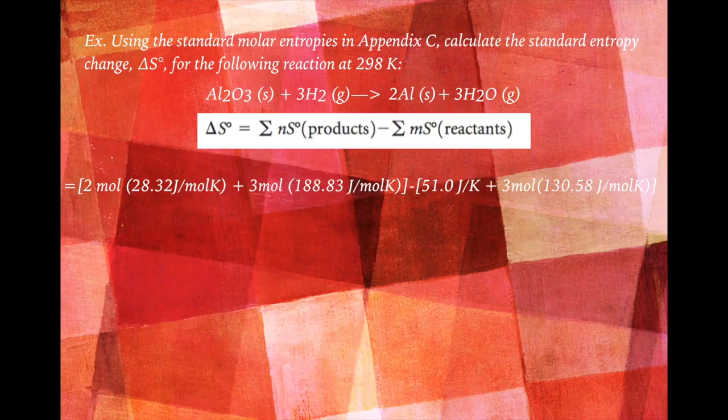And from that, I'm going to subtract the standard molar entropies of my reactants. So for aluminum oxide, it's 51.0 plus the standard molar entropy of hydrogen gas times 3, since you have the coefficient 3, so that was 130. And so when I add those together and then subtract, I end up with 180.39 joules per Kelvin.